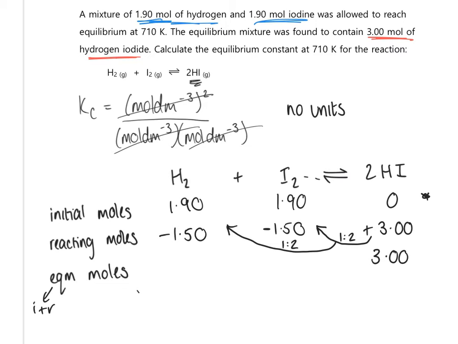Yeah, good. So 1.90. If you want to write that in, you can do that. Or you can just jump to the final answer. Like I'm being very generous. And then for iodine, what are my equilibrium moles? Yeah, exactly the same.